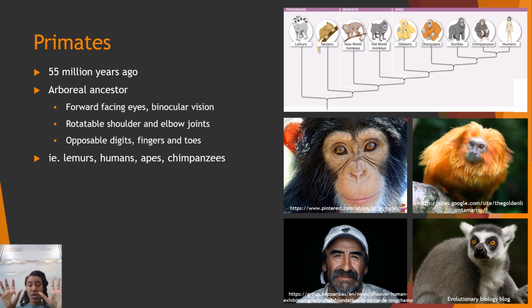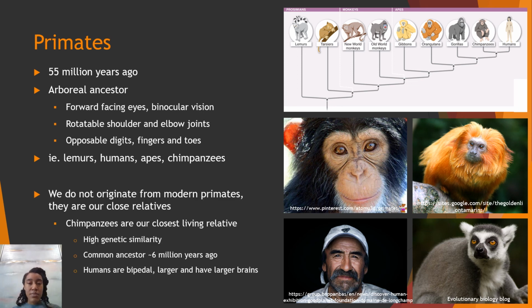So we have opposable thumbs and we have fingers and toes. These appendages are really good for grasping onto branches. All of these together, the forward-facing eyes, binocular vision, the rotatable joints, and the opposable thumbs and digits are very good indicators that the shared common ancestor of all primates lived in trees. Some examples are humans, lemurs, apes, and chimps.